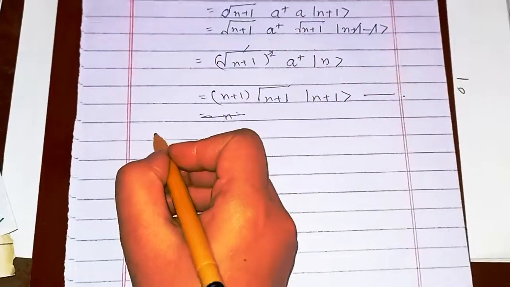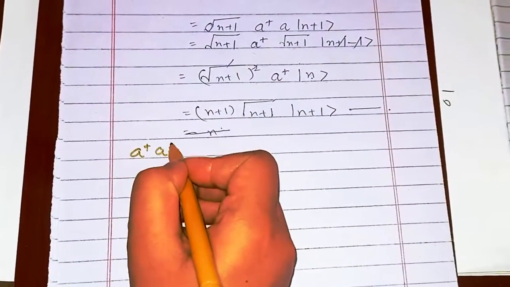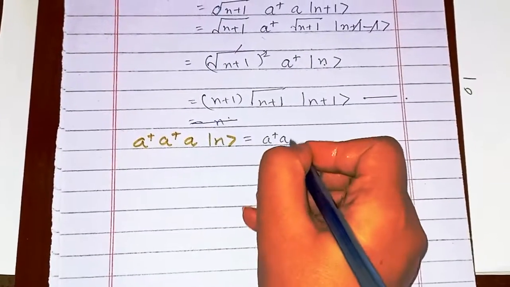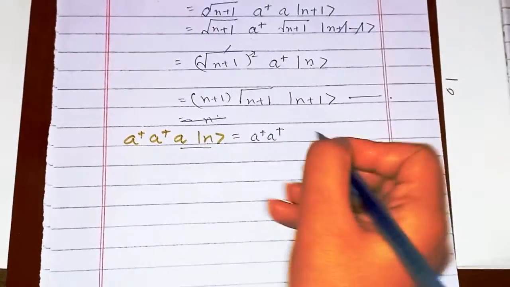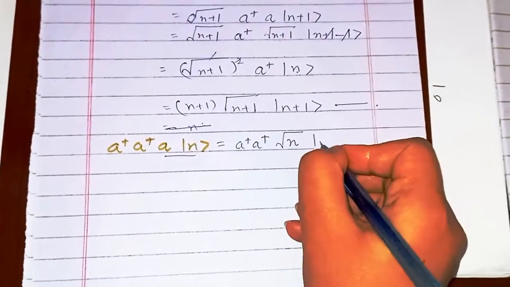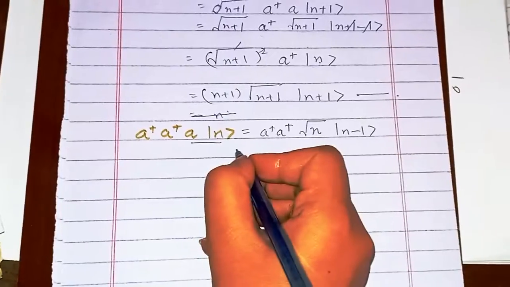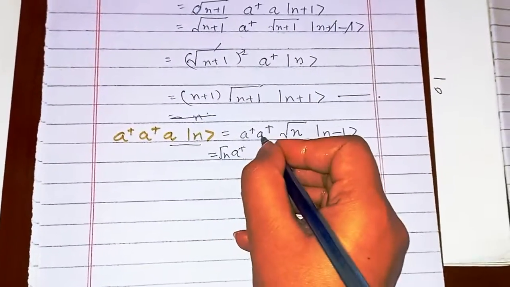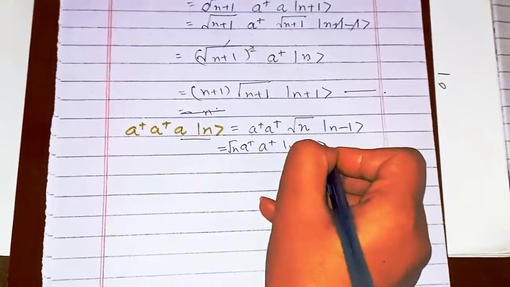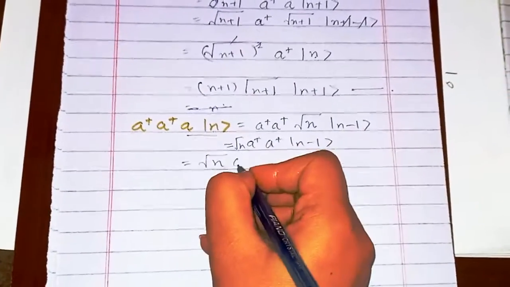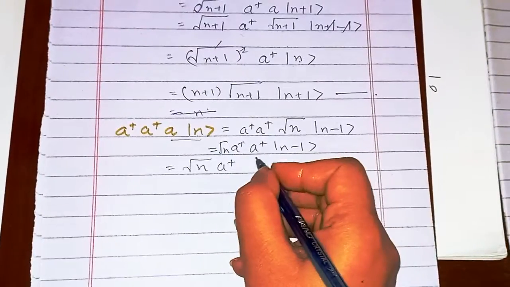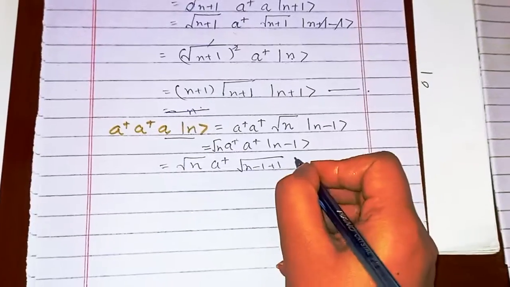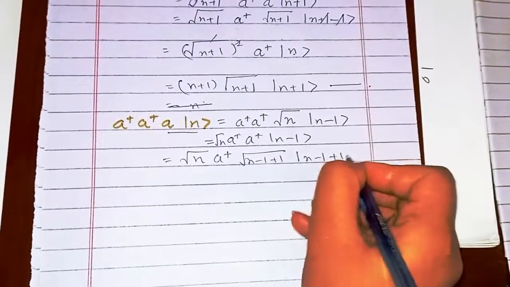Now let's write the seventh term, a plus a. That is equal to a plus, lowering operator applied on the ket, so it's under root of the same quantum number, lowered by 1, so under root n into a plus. Now a plus will be applied on n minus 1, under root n, a plus. Here n minus 1, so raising operator, n minus 1 plus 1 in the constant, also n minus 1 plus 1 in the ket.